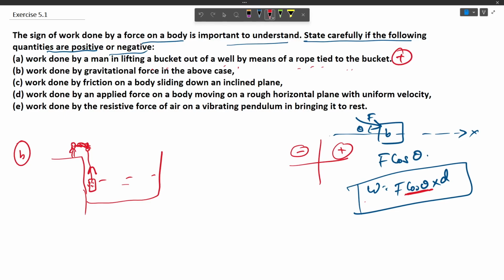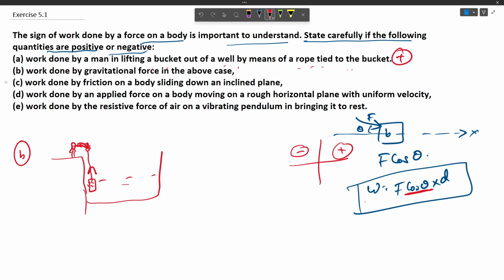That is, when theta is an obtuse angle, it is going to be negative, and if theta is an acute angle, it is going to be positive. When theta is 90 degrees, it is going to be 0, and when theta is equal to 0 degrees, the work done is maximum. It is going to be the product of the magnitude of force and the displacement. So in the first case, the work done is going to be positive.